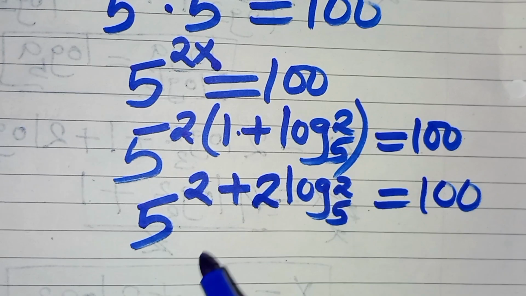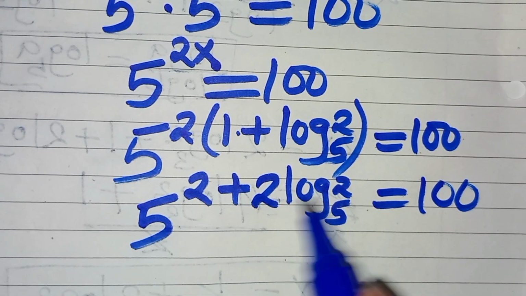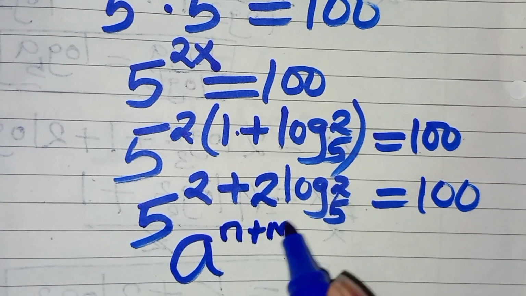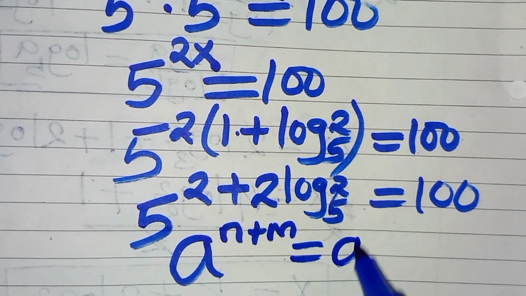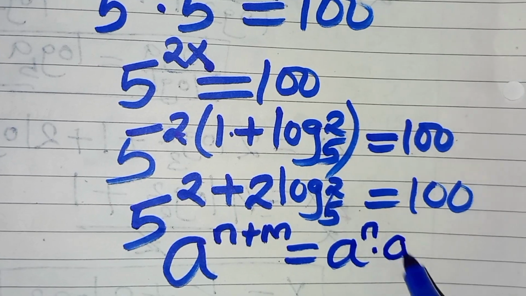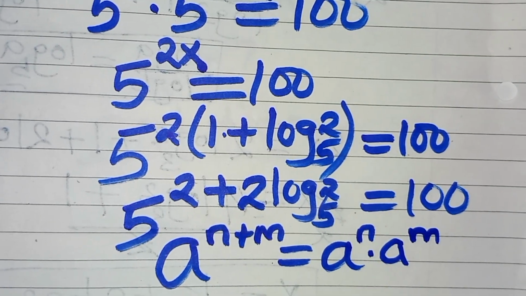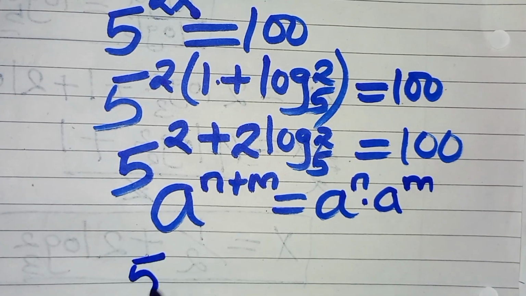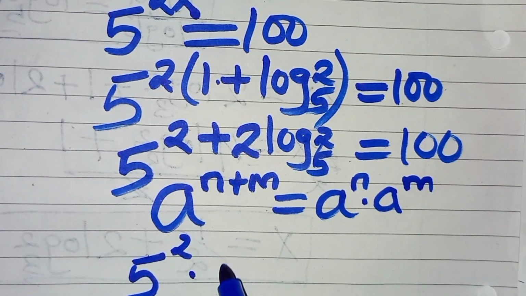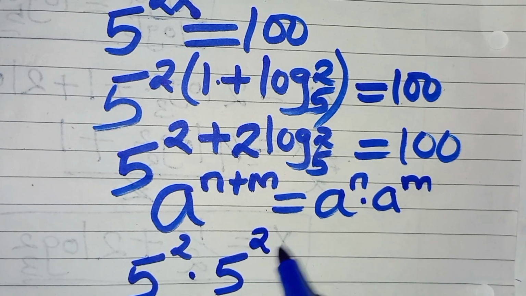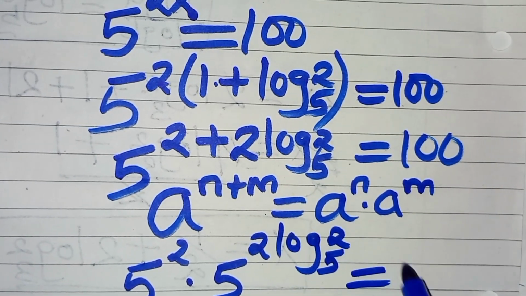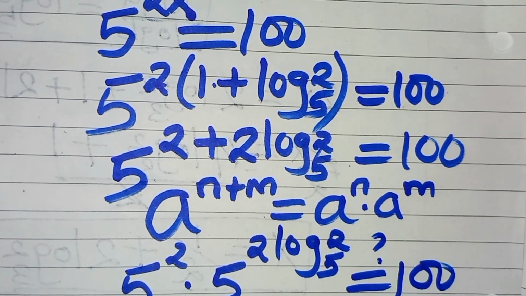The next step, you find that 5 to power 2 plus 2 log 2 to base 5 is in the form of a to power n plus m, which we can transform as a to power n multiplied by a to power m. Applying this property, we'll have 5 to power 2 multiplied by 5 to power 2 log 2 to base 5, which is equal to 100.